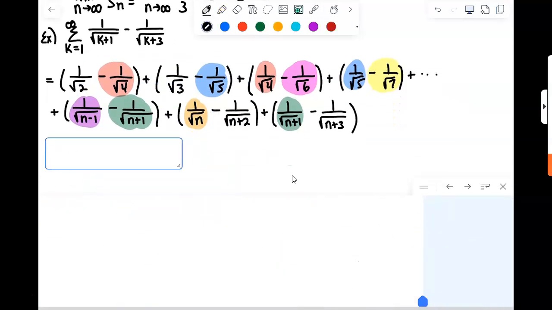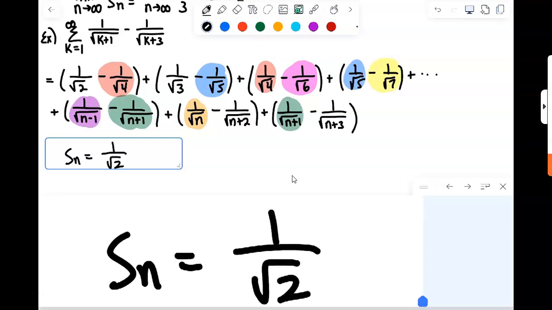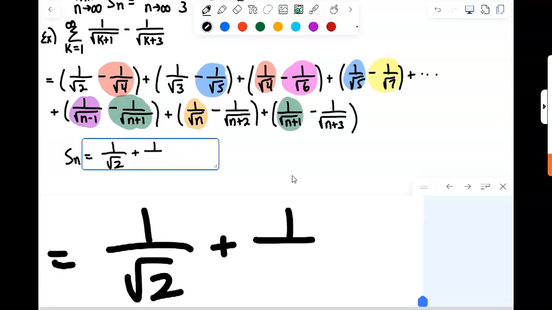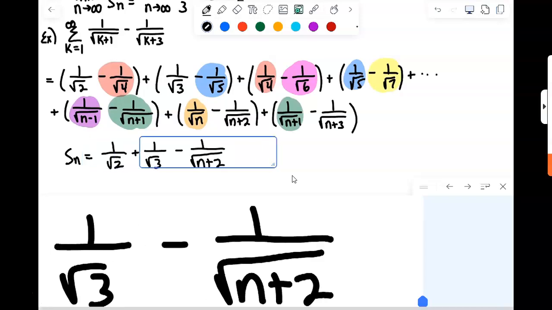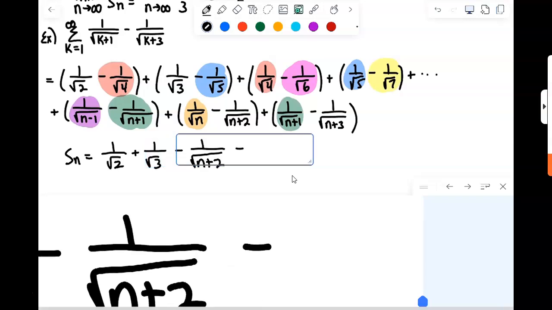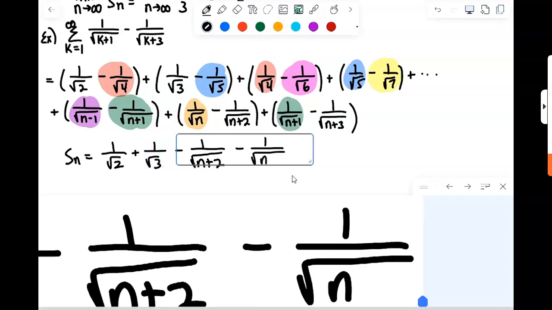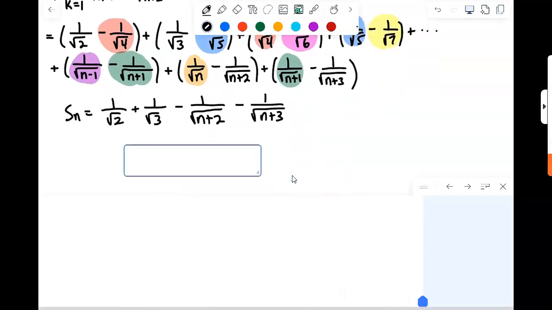So the stuff that's left is this. Sn, the nth sum, would be 1 over square root of 2 plus 1 over square root of 3 minus 1 over the square root of n plus 2 minus 1 over the square root of n plus 3.